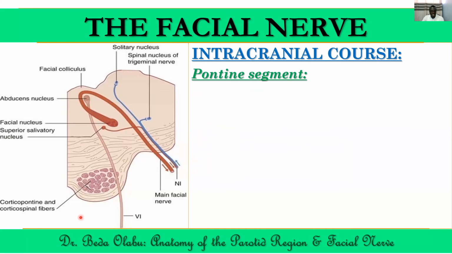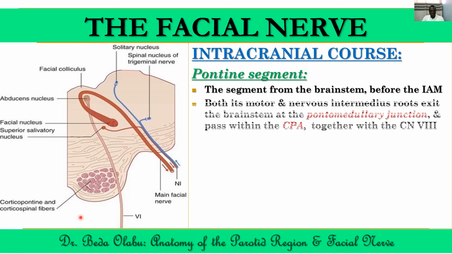Let's begin with the pontine segment. This is the segment from the brainstem before the facial nerve enters the internal auditory meatus. So that tells you that the facial nerve usually goes through the internal auditory meatus.